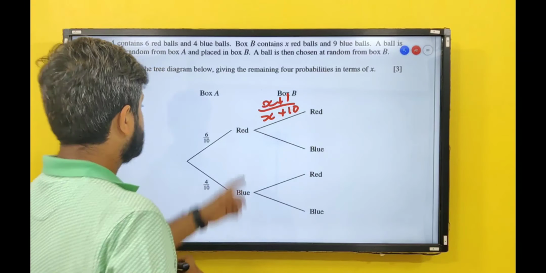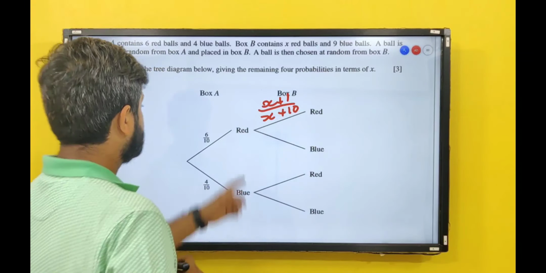Same way for blue, blue is going to be 9 upon X plus 10. Now if the first ball is blue and second is red, I think I have X red balls upon X plus 10. Same way, first blue, second blue. So I think we have now 10 blue balls upon X plus 10.